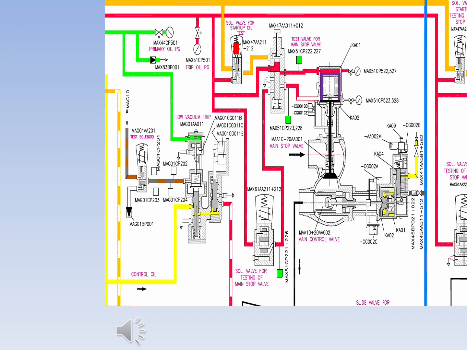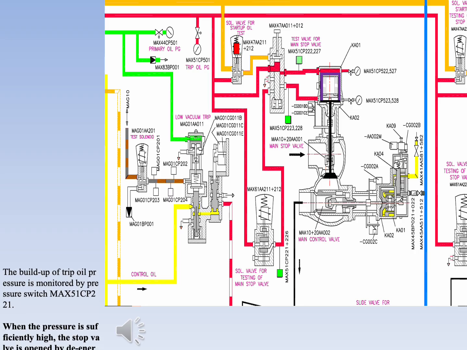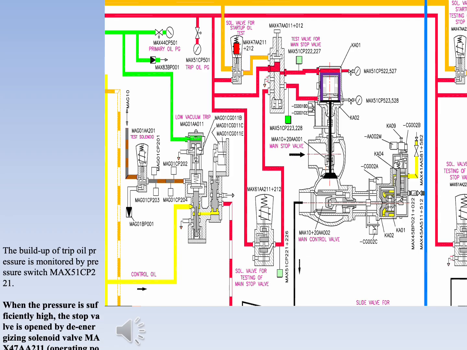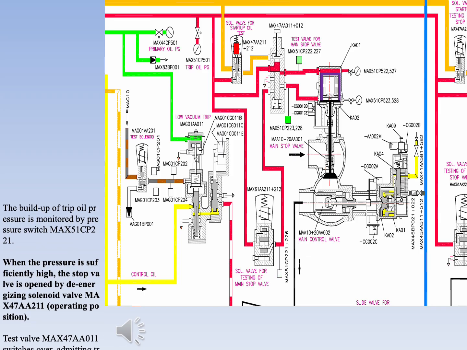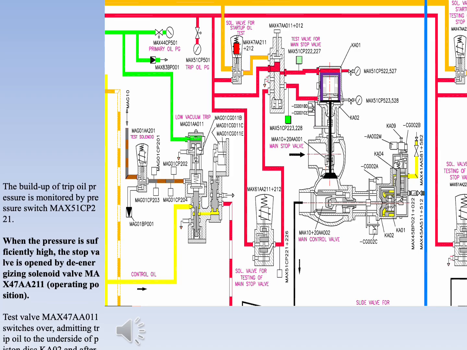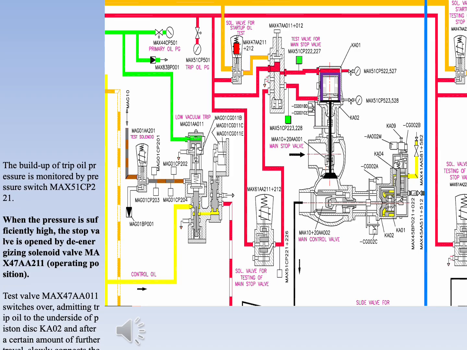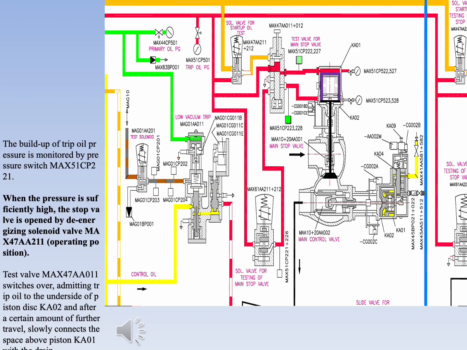The buildup of trip oil pressure is monitored by pressure switch MAX51CP221. When the pressure is sufficiently high, the stop valve is opened by de-energizing solenoid valve MAX47AA211, operating position.